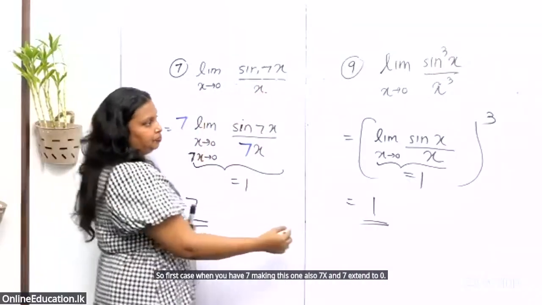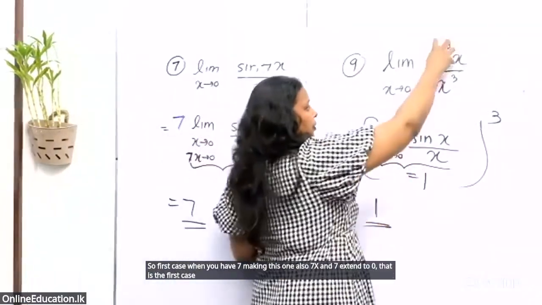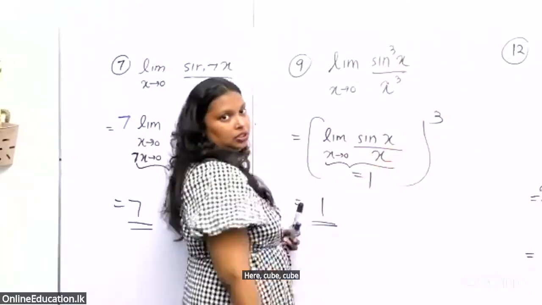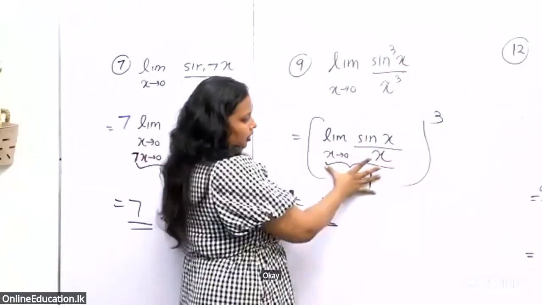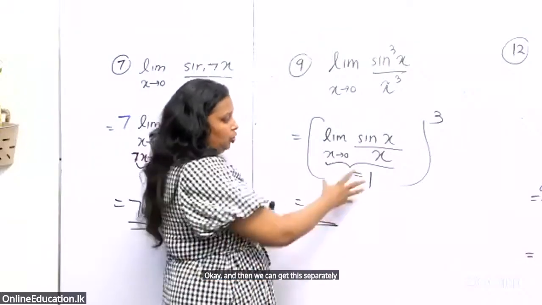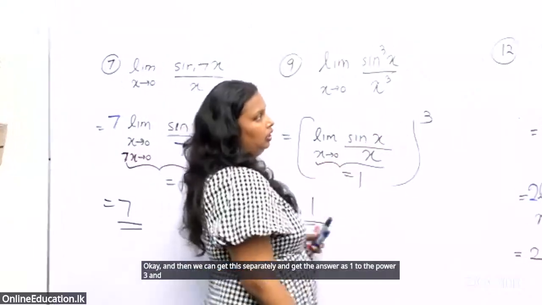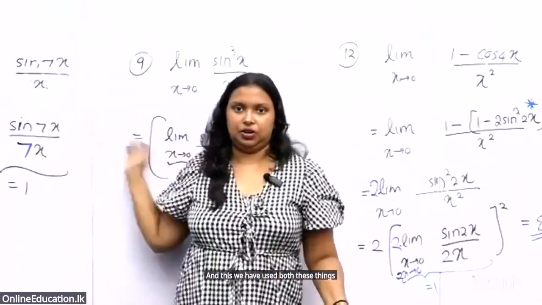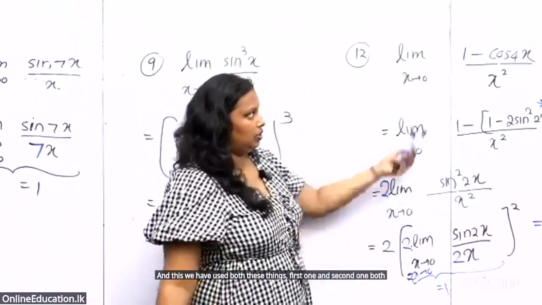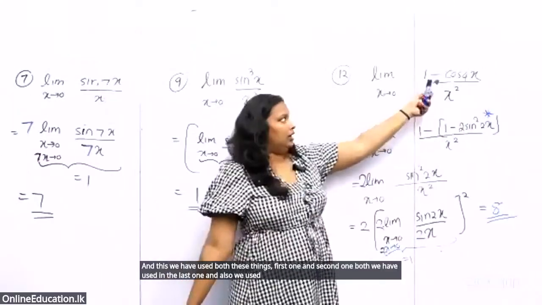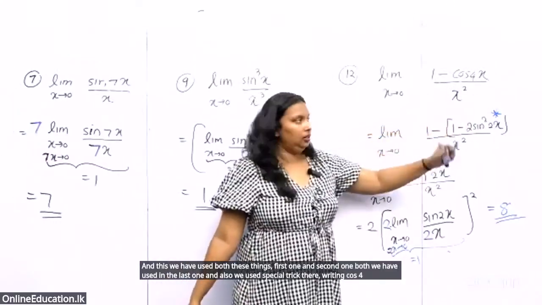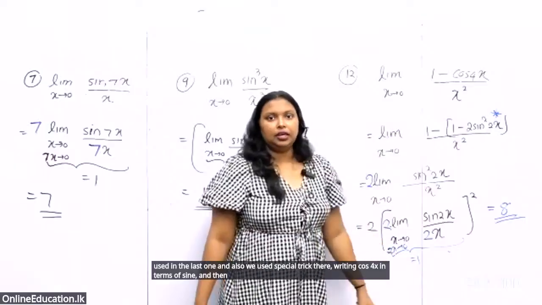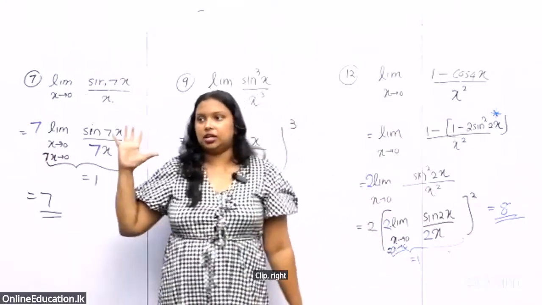That is the first case. Here, cube, whole thing cube. Then we can get this separately and get the answer as 1 to the power 3, which is 1. Clear? We have used both these things, first one and second one, in the last one, and also we used a special trick there, writing cos 4x in terms of sine and then using the theorem. Clear? Right.